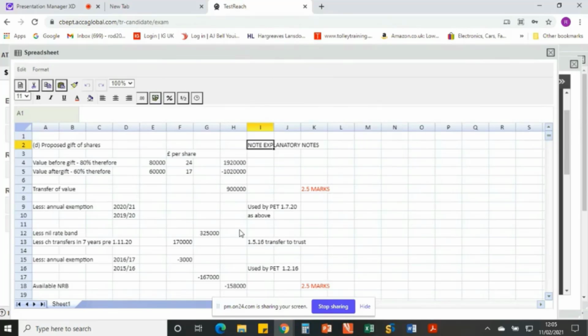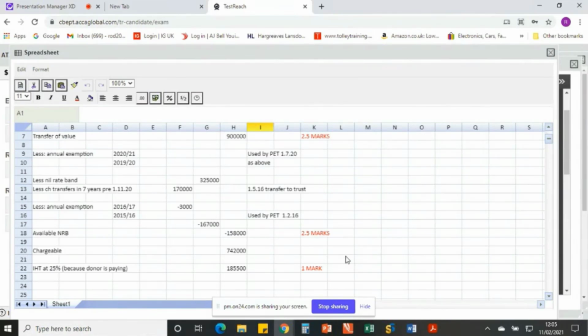That's at line 13 on that spreadsheet. Take off the annual exemptions available, and only the 2016-17 annual exemption. The previous year's one was used by the pet. So you've got 167,000 of transfer. You've got 320 in the previous 7 years, chargeable transfer, net of the annual exemption. You've got 325,000 of nil rate band. So available nil rate band is 158,000.